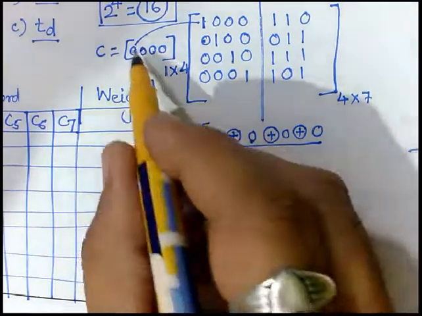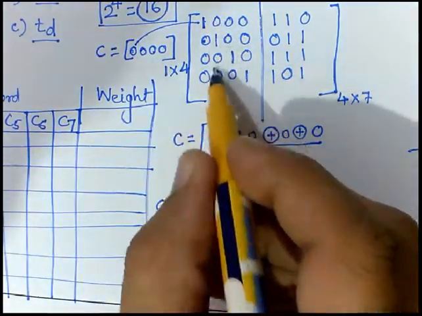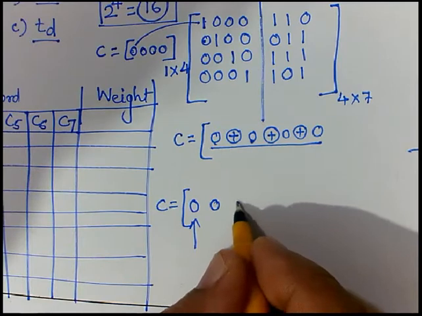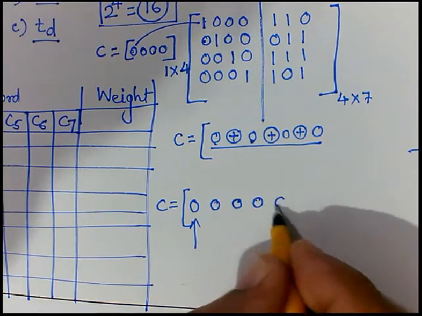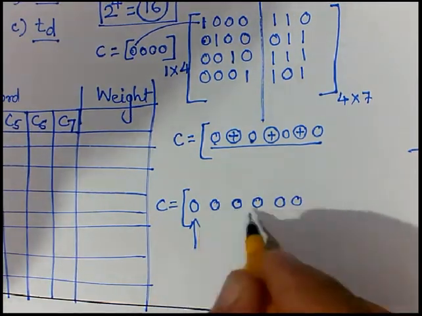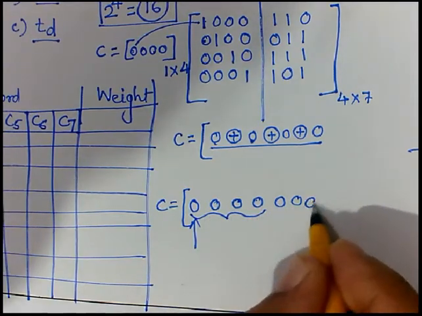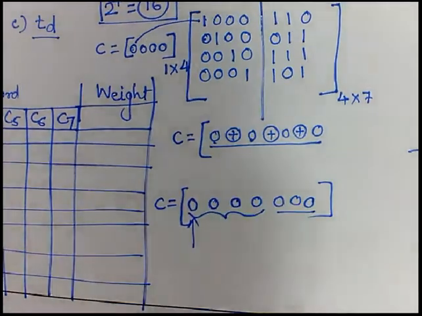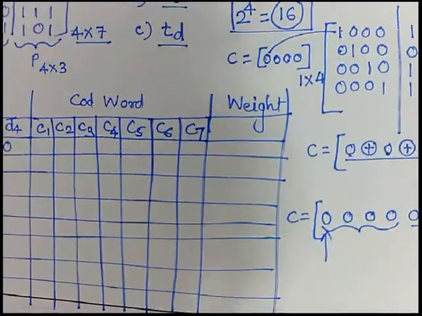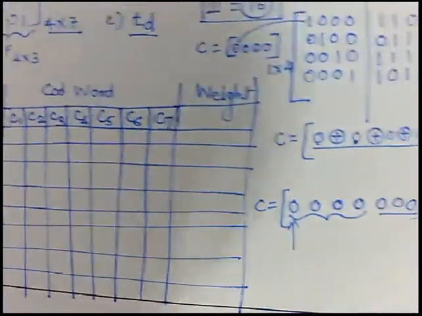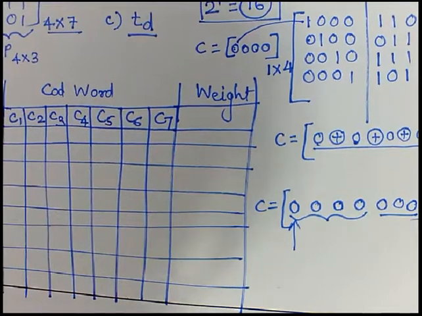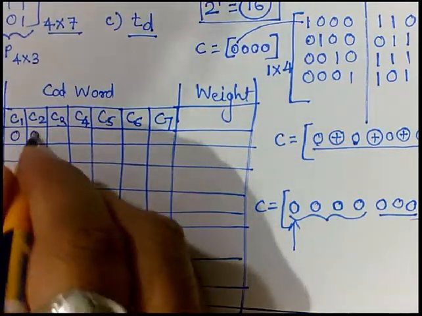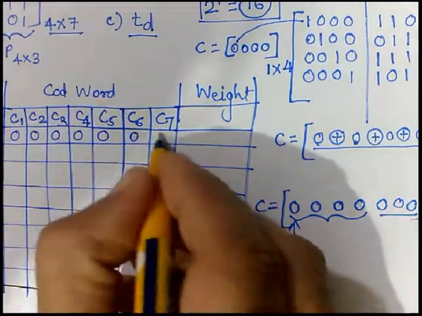Now the next is again 0 XOR 0, meaning everywhere it will be 0. For the next case again 0 0 0. So these are the 4 message bits and the next 3 bits will be the parity ones. With the help of this expression, C is equal to D into G, let me write here the output which we just got, 0 0 0 0 0 0 0.